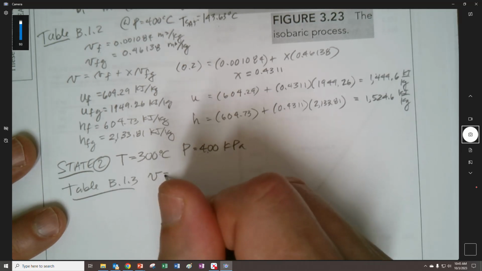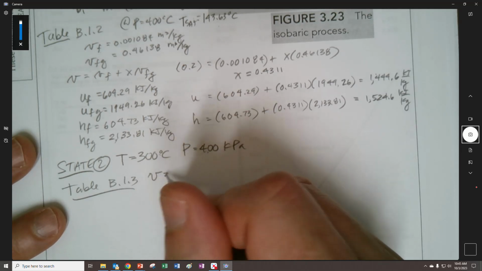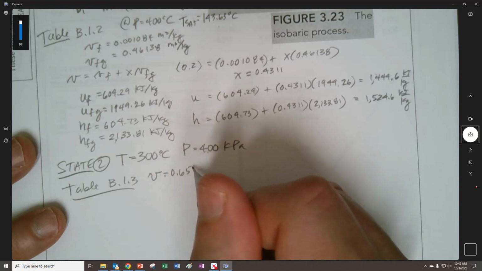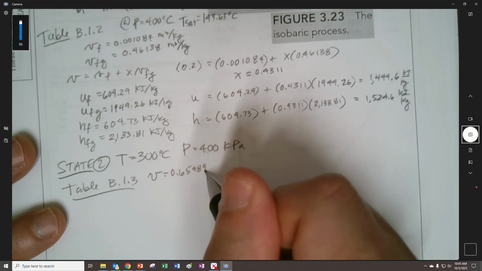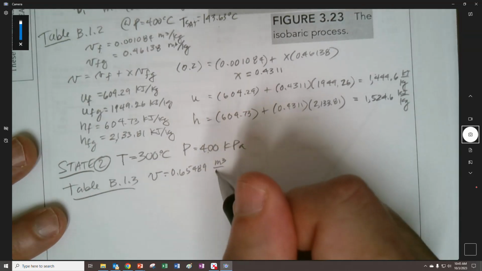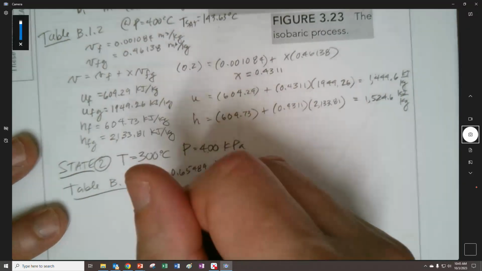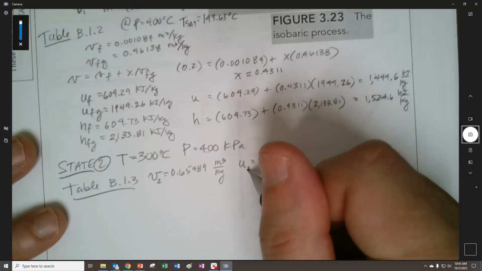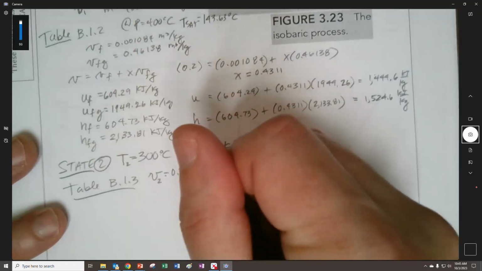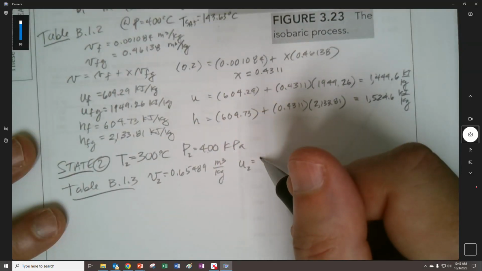So here's our specific volume. It's going to be 0.65489 cubic meters per kilogram. And then our internal energy, we'll call that U2, and we'll put 2's everywhere to make sure it's state 2.